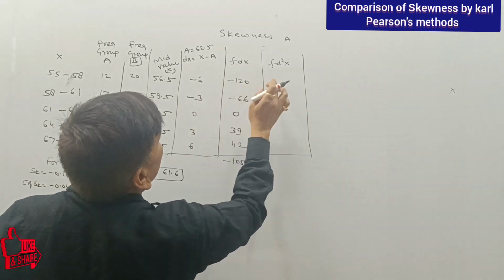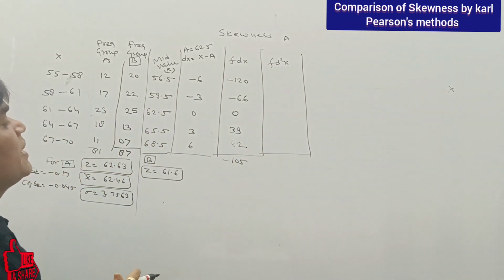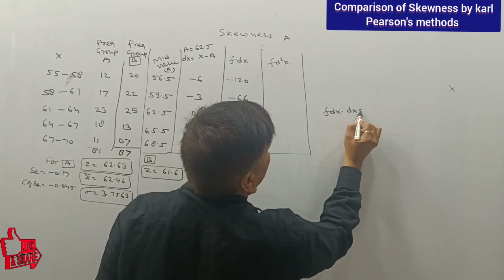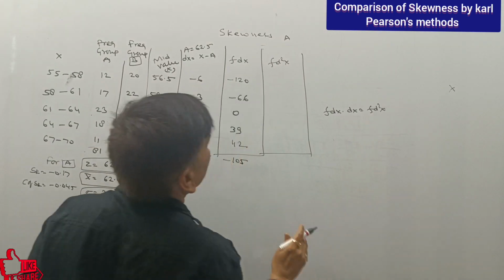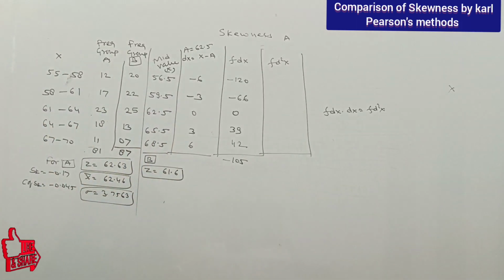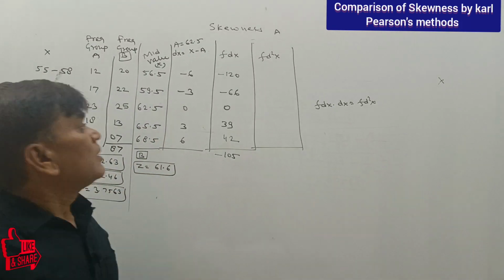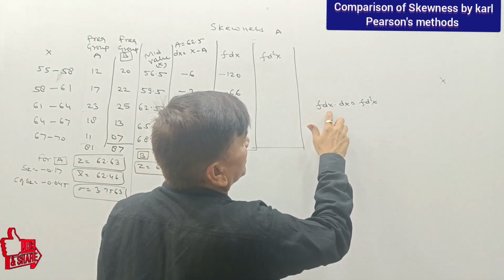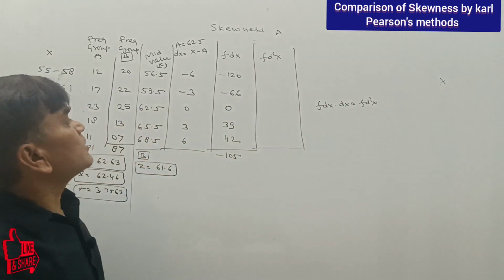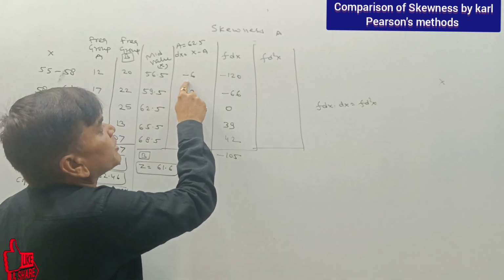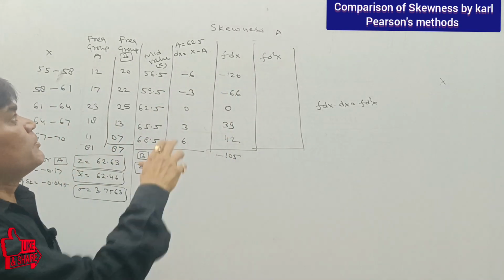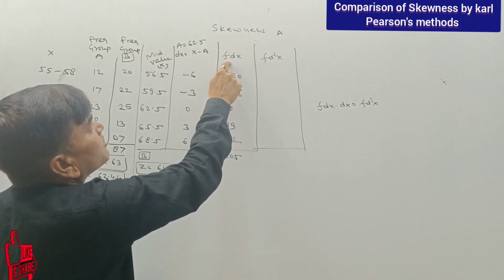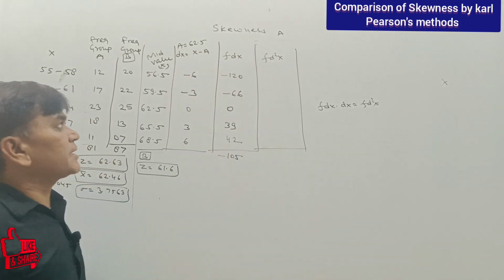Again, fdx multiplied by dx is fd square x.